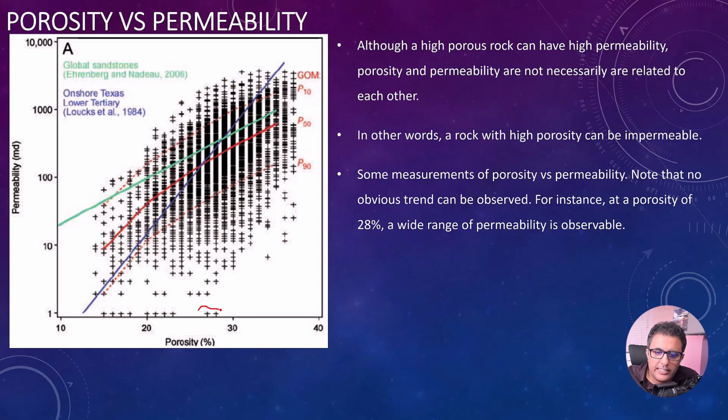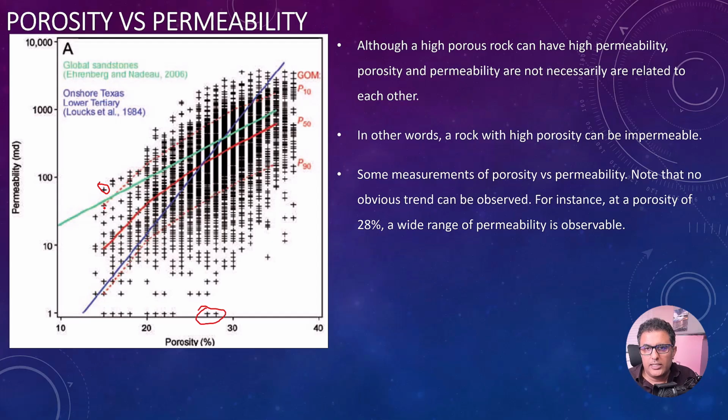For example, it is possible that a rock has very high porosity, about 30% as I highlighted here, but has very low permeability. On the other hand, it is possible that the porosity is low, as you see here, but the permeability is high. The reason is that the permeability is mostly related to how pores are connected to each other.